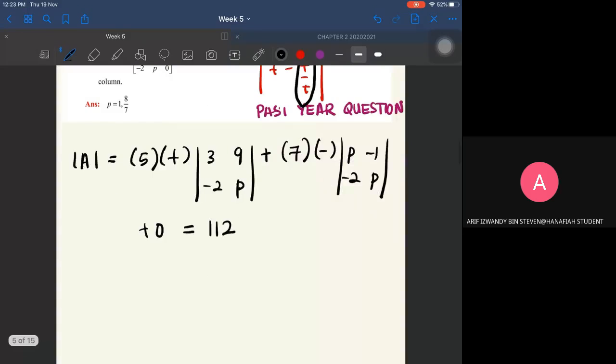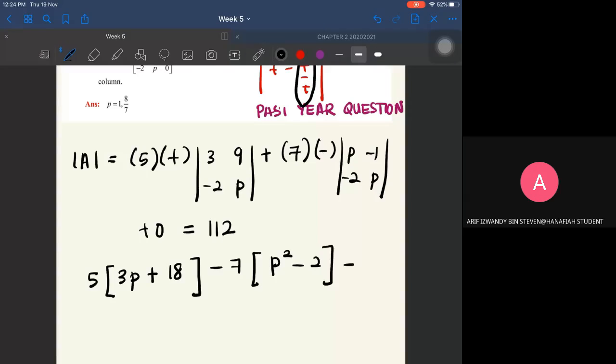Okay, so you were asked to find the value of p. So just expand everything that you have here and simplify. So you will have 5 times 3p plus 18, minus 7 times p squared minus 2 is equals to 112.